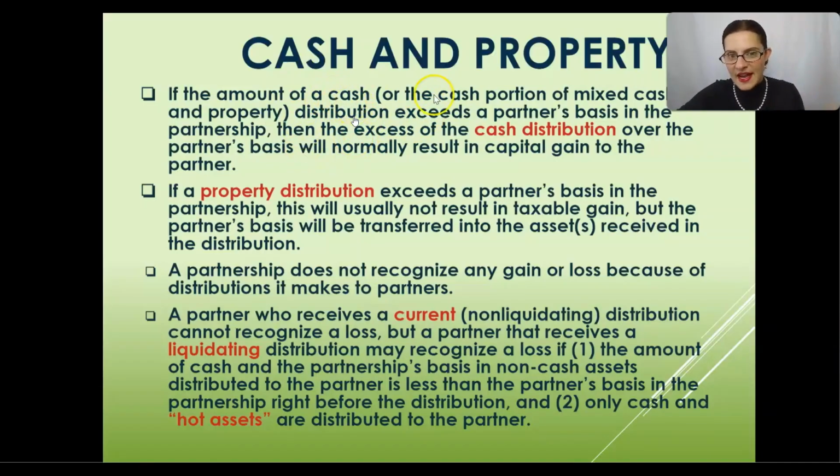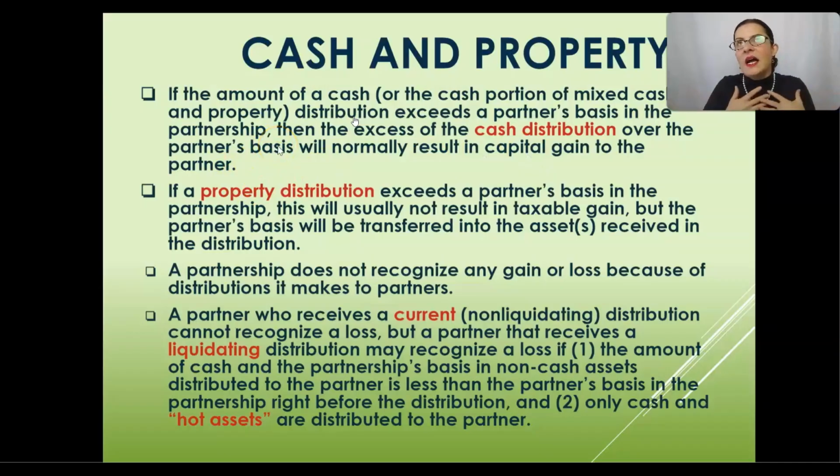If the amount of cash or the cash portion of mixed cash and property in a distribution exceeds a partner's basis in the partnership, then the excess of the cash distribution over the partner's basis will normally result in a capital gain to the partner.